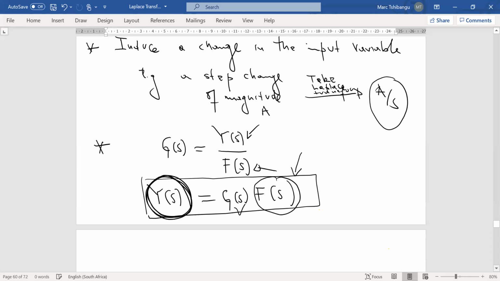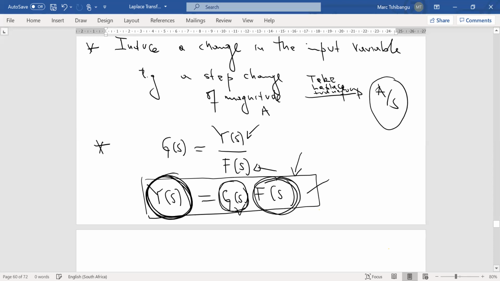I'm going to repeat again. You'll be given the process model. Once you have the process model, you can derive the transfer function, which is G(s). If you want to know the dynamic behavior of the process, try to induce a change in the input variable and then observe the output.